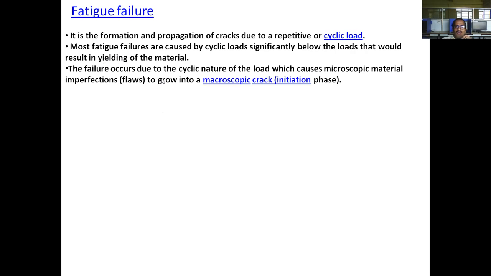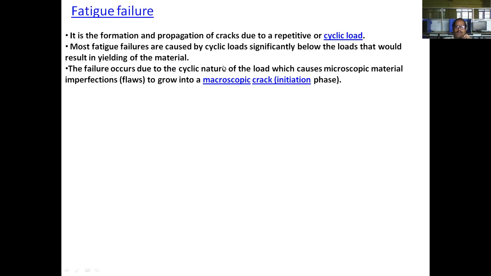So the failure occurs due to the cyclic nature of load, which causes microscopic imperfections to grow into macroscopic cracks. So this is the mechanism of how a material fails in fatigue failure. There is a formation of microscopic cracks in the initiation phase. Any component or process always has imperfections or flaws.